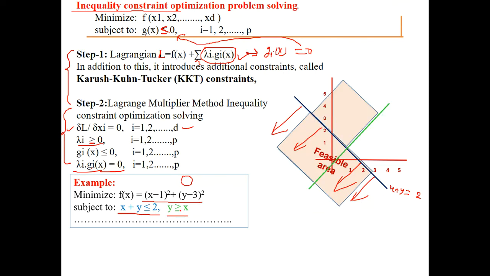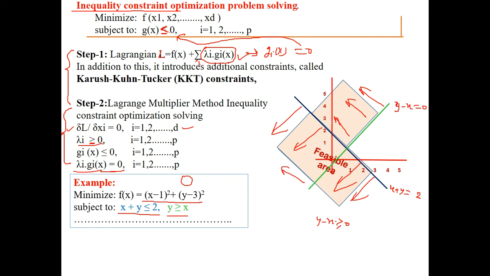Similarly, constraint 2: y minus x greater than or equal to 0. So this line is y minus x equal to 0, and greater than or equal to 0, you will get this region as the feasible region.